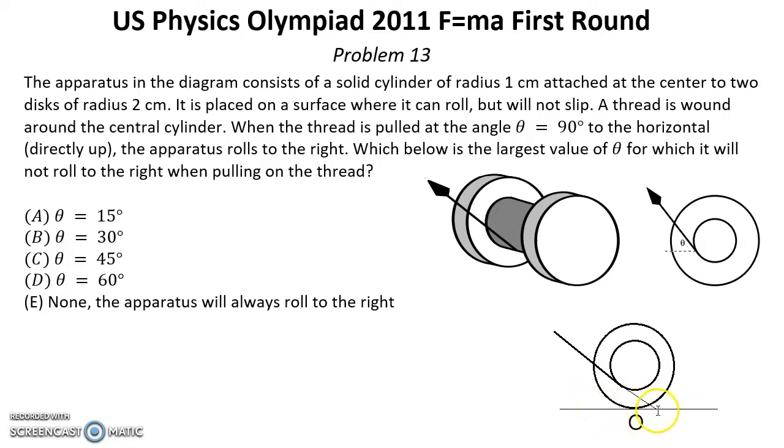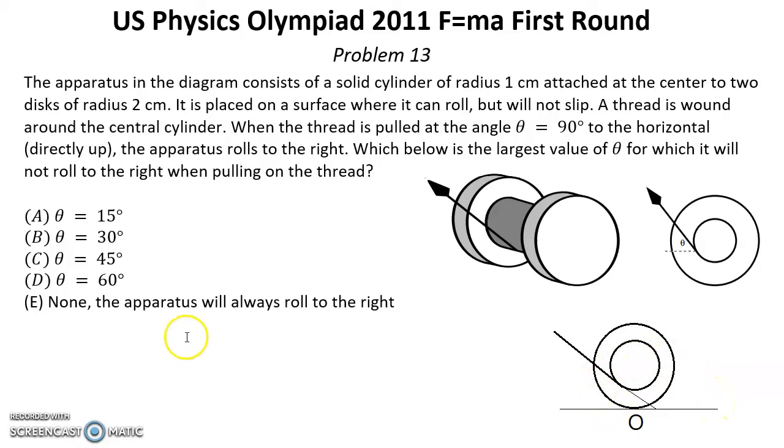If it's going to the right, the total torque is counterclockwise, and our construction will roll to the left. If it's going to the left, it will create clockwise torque, and it will go to the right.